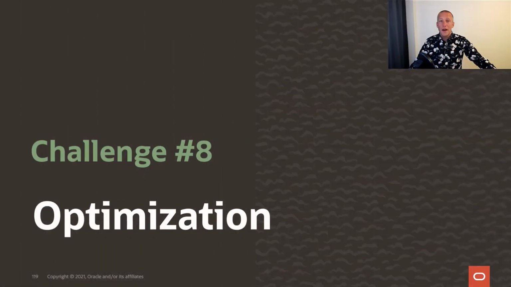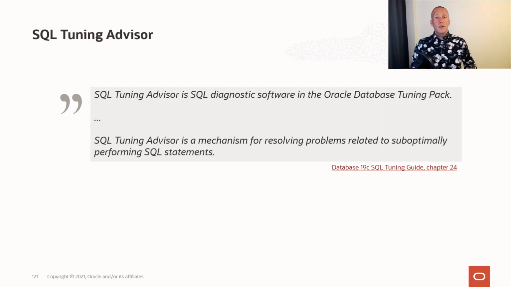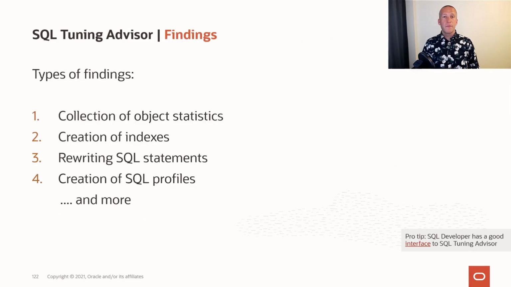Okay, now that we have found those misbehaving queries, let's see what we can do about them. Because it's tuning time. We can use the SQL Tuning Advisor to analyze a query and come up with recommendations that can make it run faster.